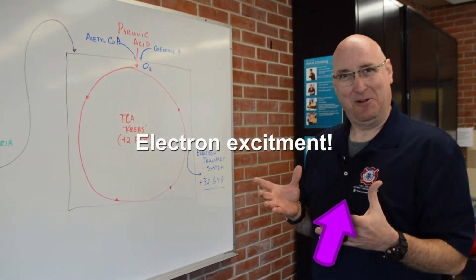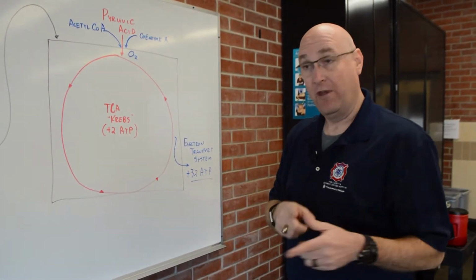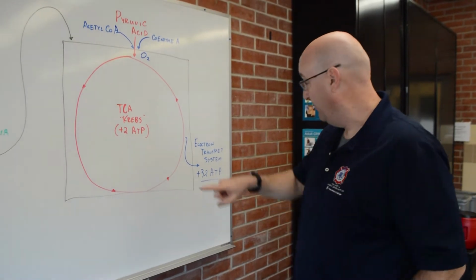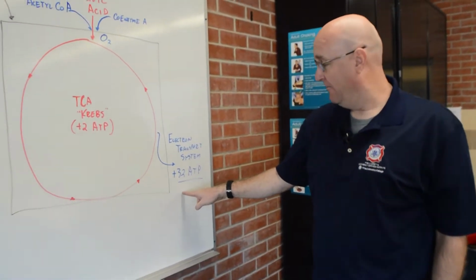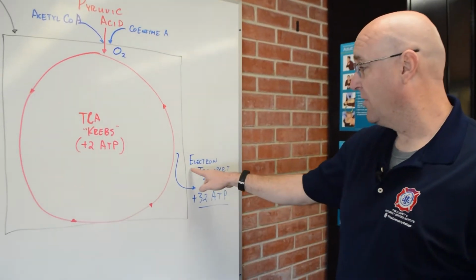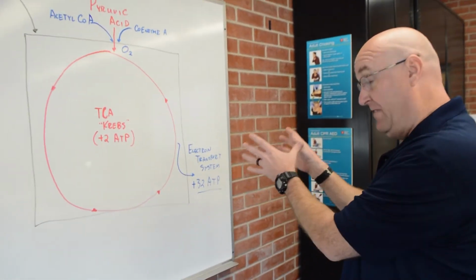Electrons is where everything occurs. As we move electrons back and forth between these cofactors and other coenzymes, we create a lot more molecules of ATP. In fact, we create a total of 32 ATP molecules through something called the electron transport system. This is where the bulk of the energy occurs.